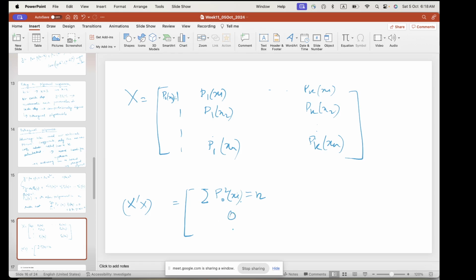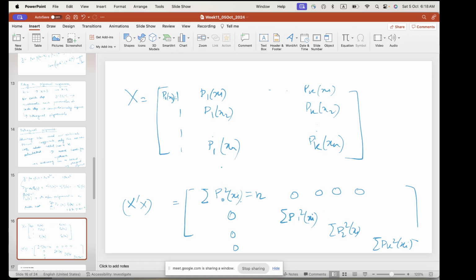So we'll have zeros in the off diagonals and only elements in the diagonals. Okay, like this one, the second one will be p1 square xi, third one will be p2 square xi, and the last one will be pk square xi.